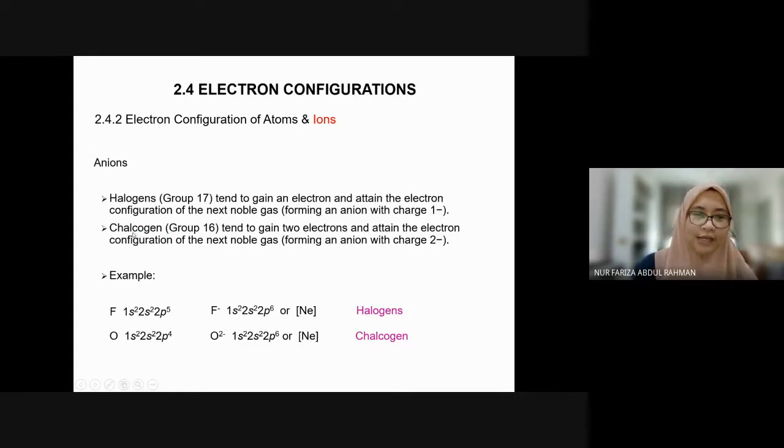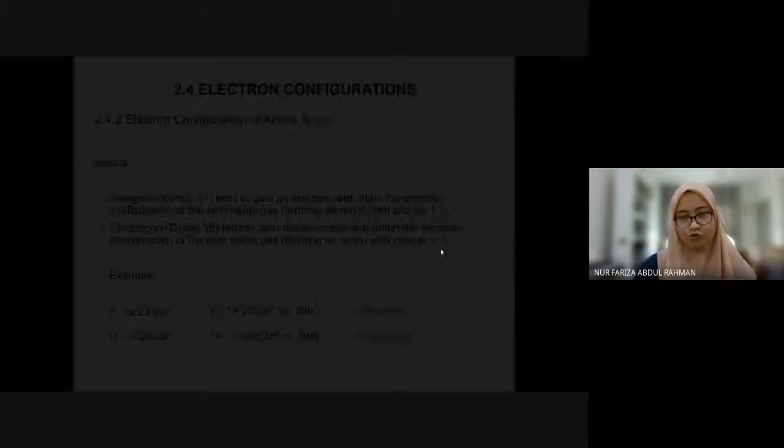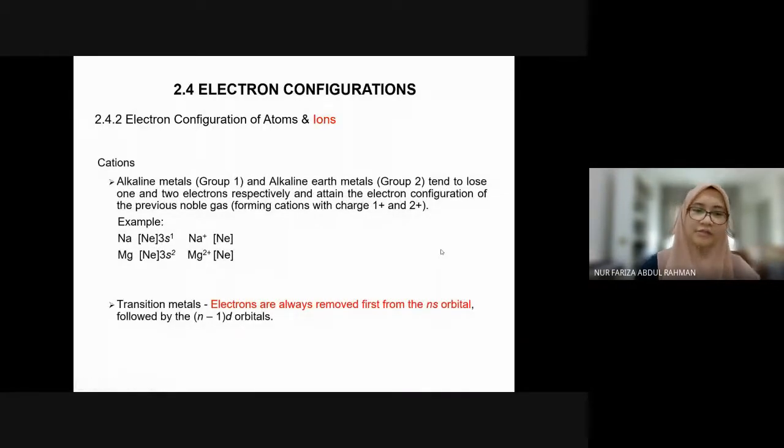On the other hand, chalcogen, group 16, requires 2 more electrons in order to attain the electronic configuration of the next noble gas, and the charge will become negative 2.